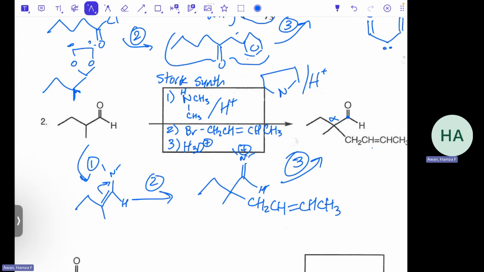Aldehydes are more reactive. So that one would react with the acetal, and then you can do stuff with the ketone. For this one, kind of what Hamza mentioned, if you do an alpha-alkylation, so you add an alkyl group to the alpha position, that's a hint for Stork.